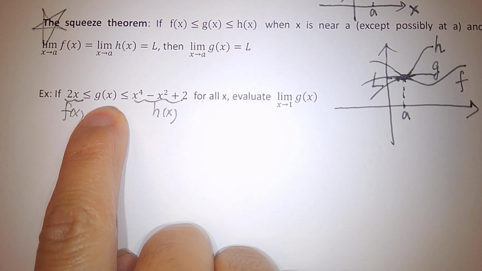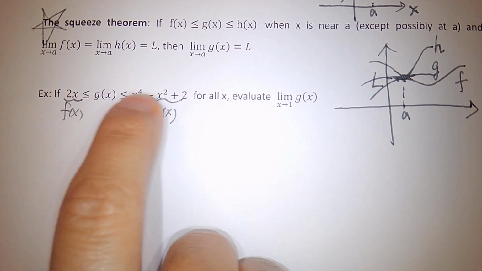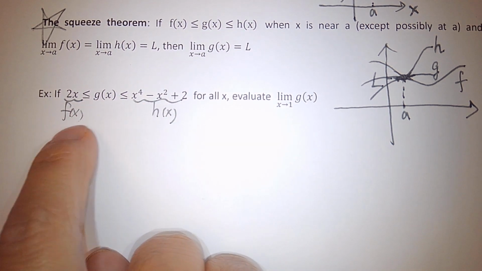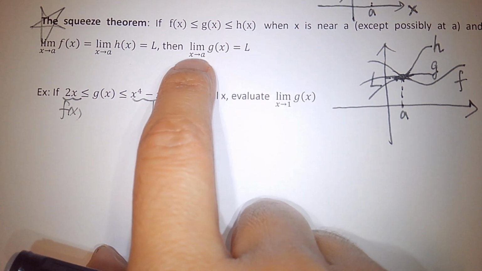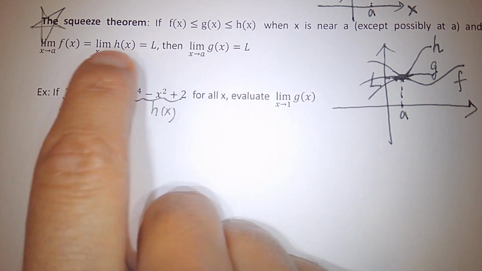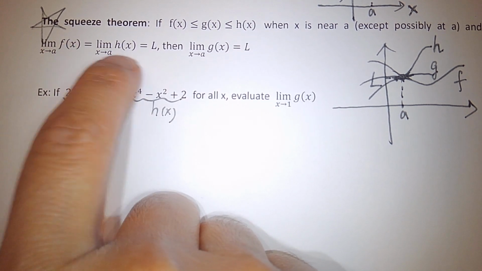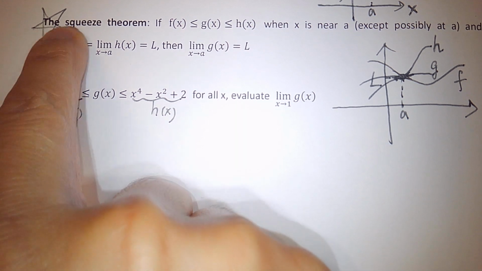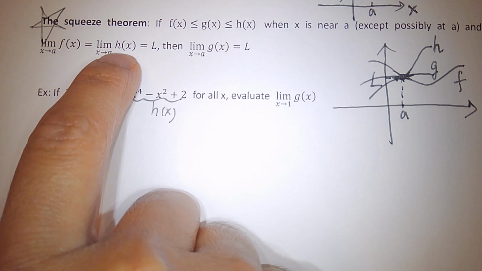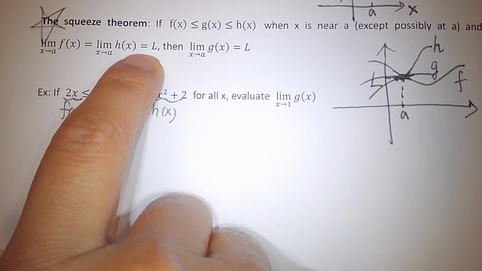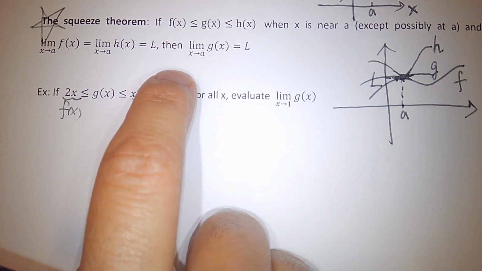No, nothing. But we know g is squeezed by these two functions, f and h. In order to find this limit of g, what should we do? By the squeeze theorem, we find the limits of f and h respectively, and see whether they exist and equal the same value or not. If they do, then we can get the limit of g. Do you see that?